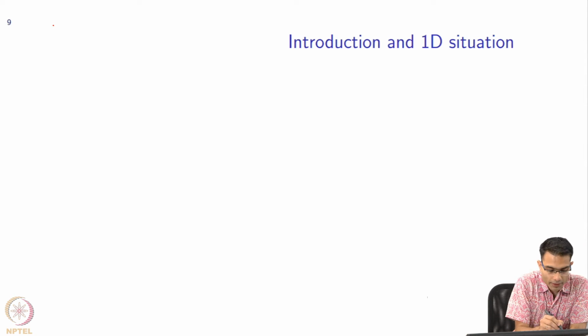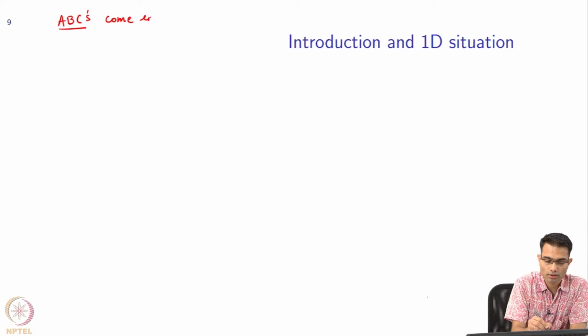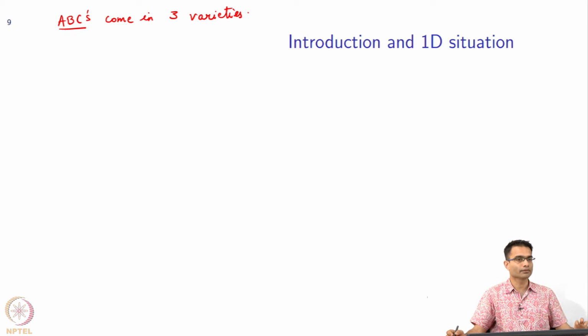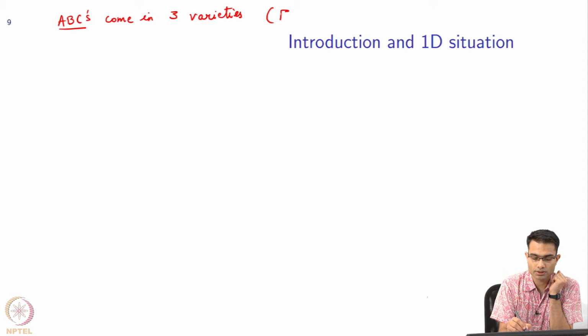So, we will call them ABCs, absorbing boundary conditions, okay. They come in 3 varieties, and this is true of CEM, not just FDTD, okay. So, this is CEM in general.